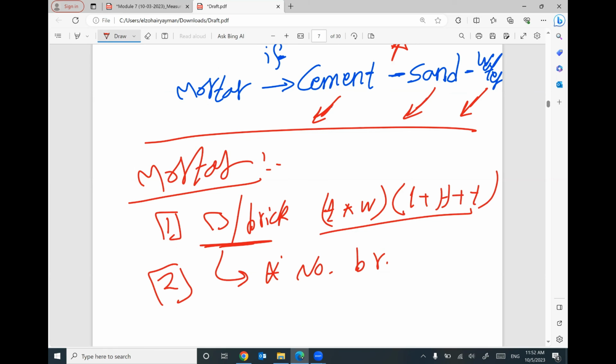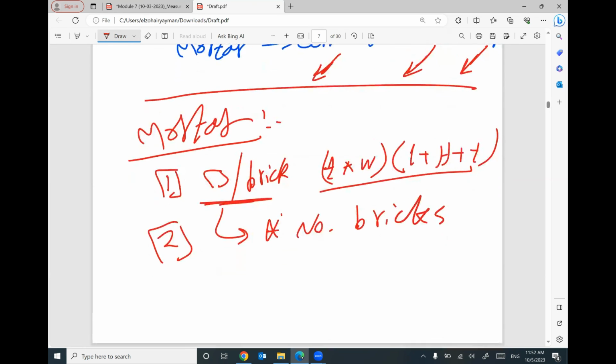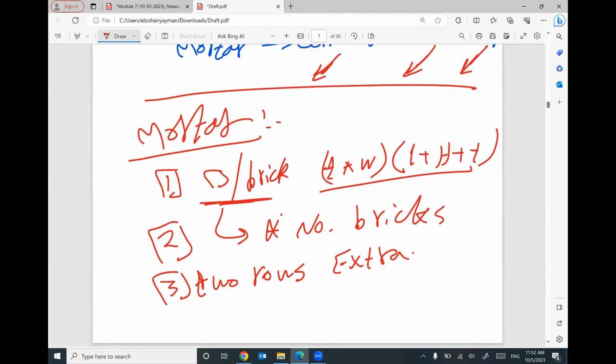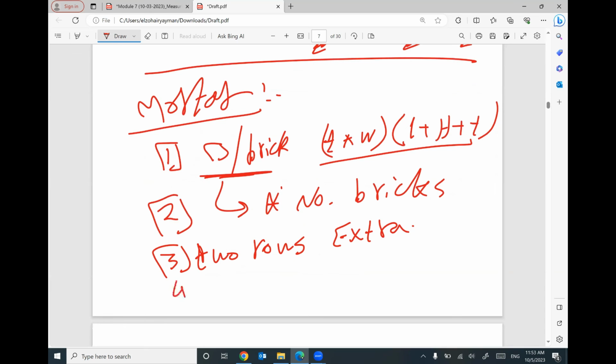So I don't care about the plan. Step number 3, if you have 2 rows, I have to consider an extra amount of mortar. So you have to use the total surface area from step number 1, or the first part. Then step number 4, if you have extra for waste.